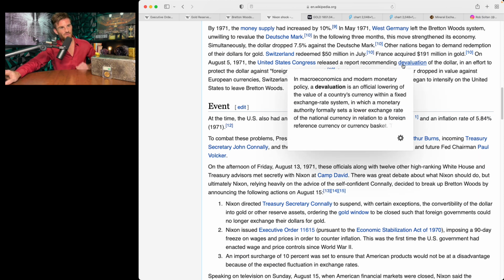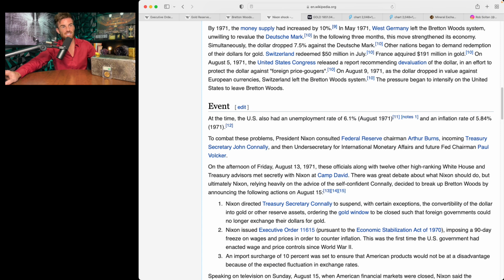But here's some crazy information. France actually sent a warship to New York at this time. In 1971, they had got the hunch that Nixon was going to drop the gold standard and said, no, we want our gold. France was able to get $191 million in gold on August 5th.